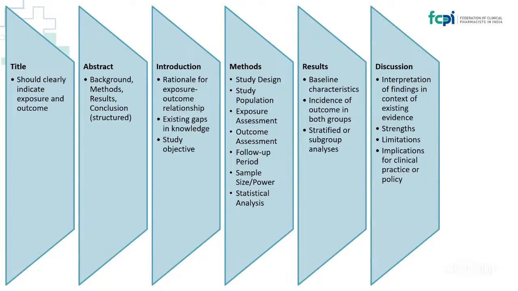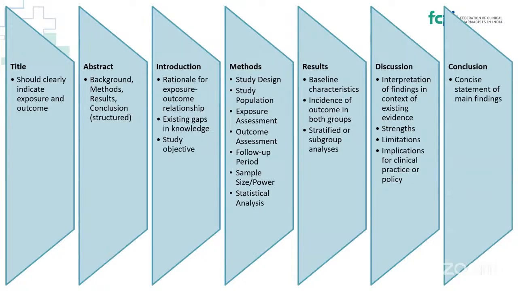In discussion, you will interpret your whole data and represent it in a comparative way with the already existing evidence, and you will give the strength, limitation, and implication of your study. And in conclusion, you will give a concise statement with your main findings.